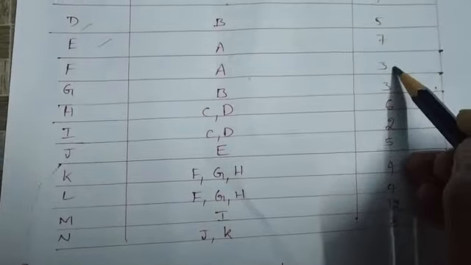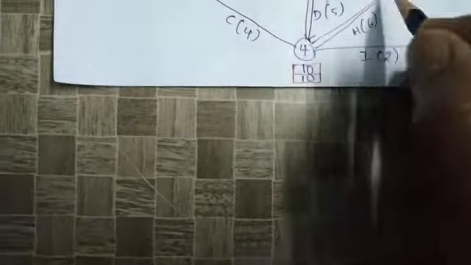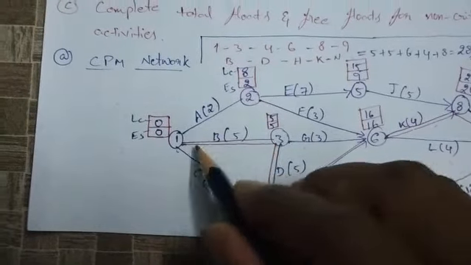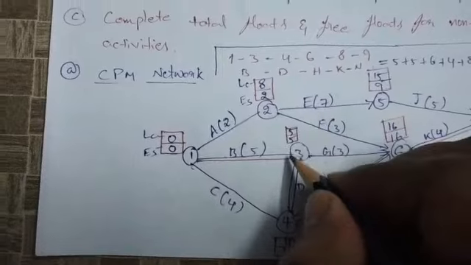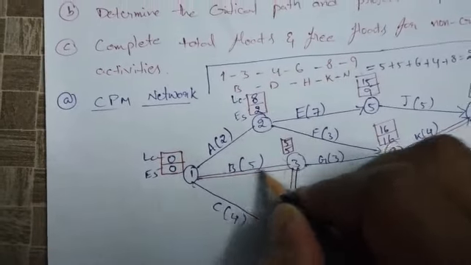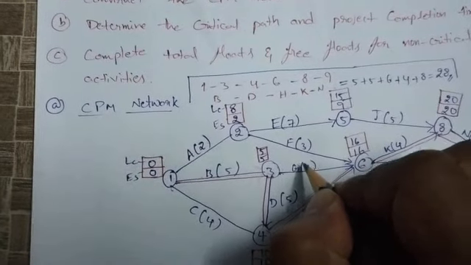So F is completed, and then G, whose immediate precedence is B. So B ends at a node, and G starts from there, with duration 3.